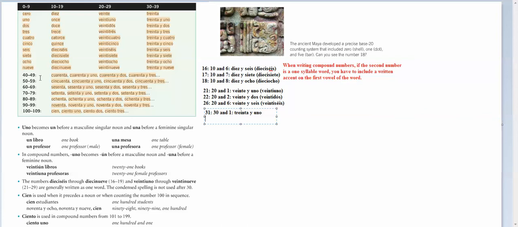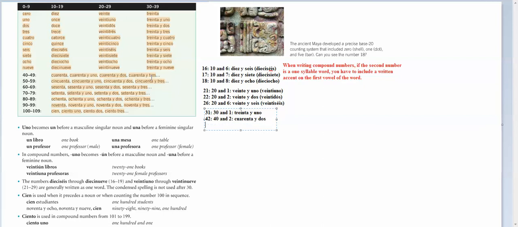And then the same holds all the way up to 100: 40. So if I wanted to do 42, it would be 40 and 2, which would be 42. No writing anything together, no compound numbers. So 40 is 40, 41, 42, 43.